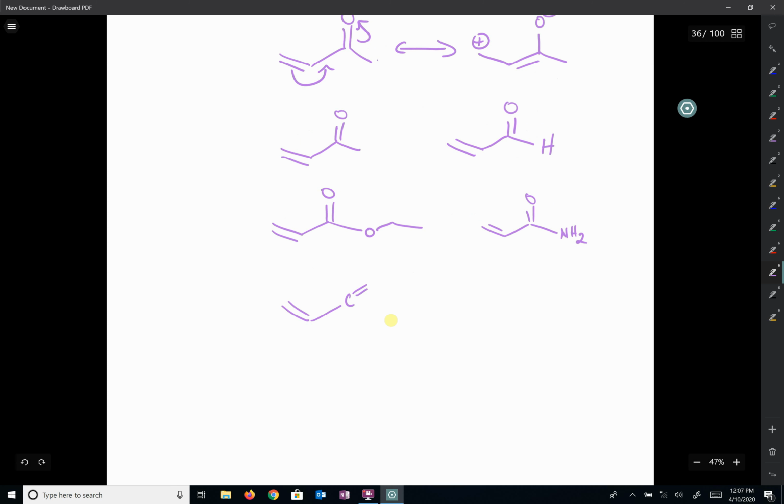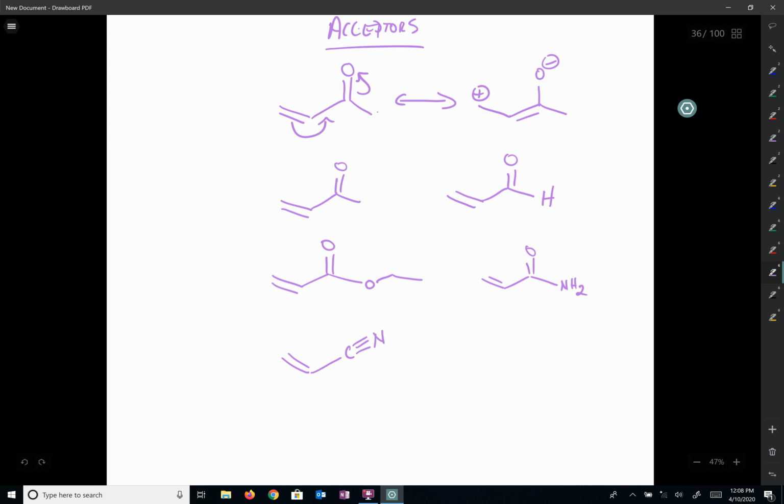And these are probably the most common ones that we'll end up seeing: carbonyls like ketones, aldehydes, esters, amides, and cyanos. We can all draw resonance with these, right?